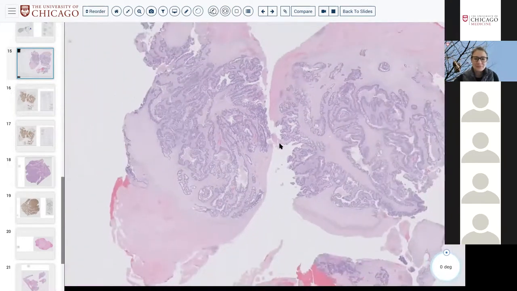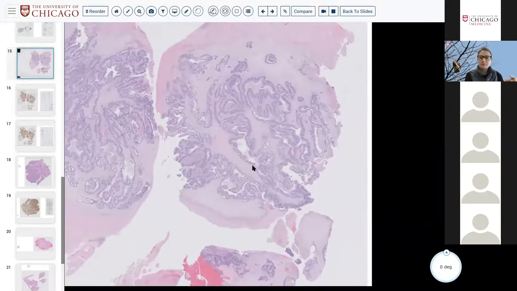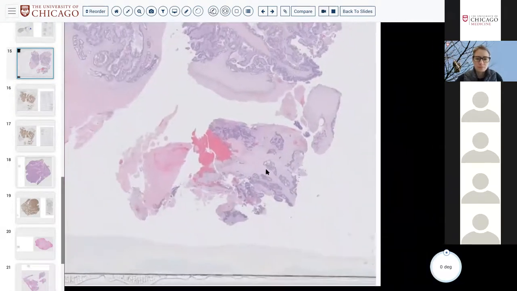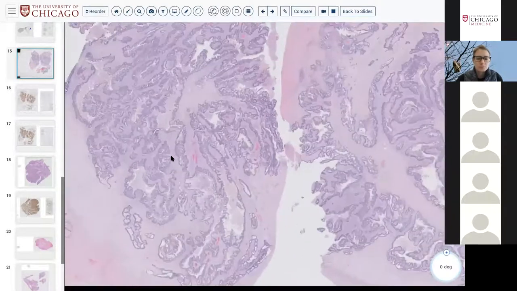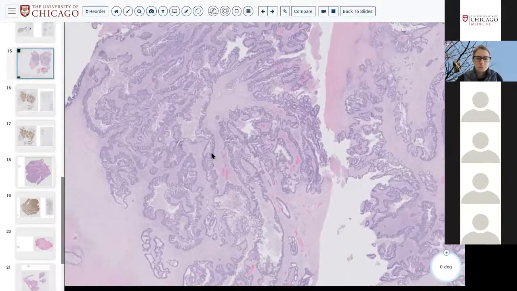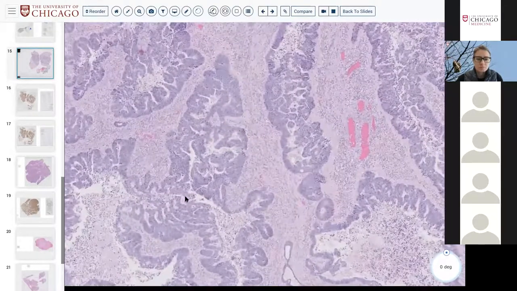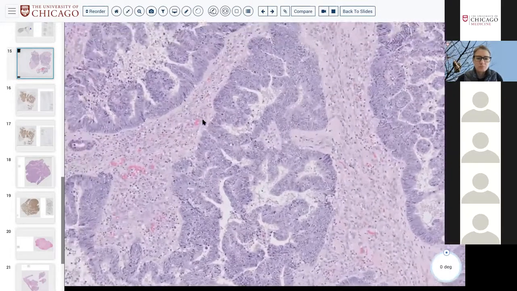Well, at low power, there are several pieces of tissue. They have more of a basaloid appearance. As we zoom in, potentially they look somewhat glandular.